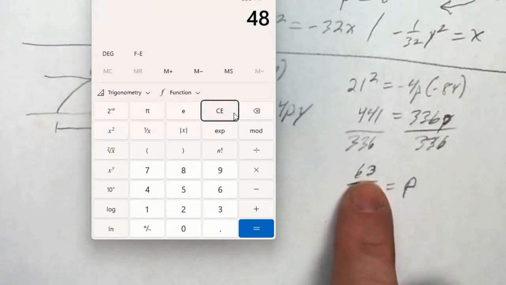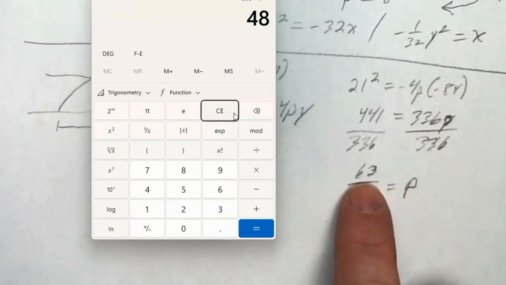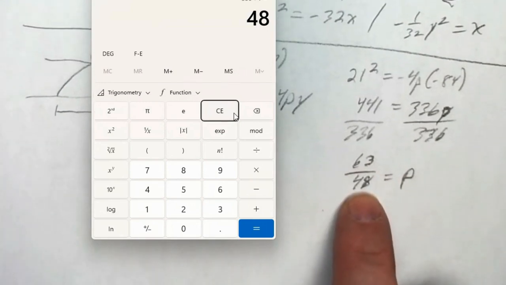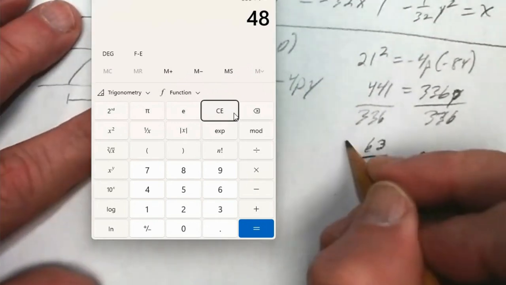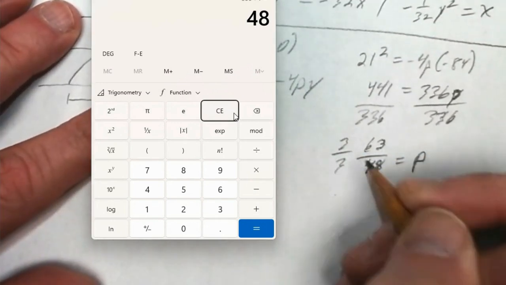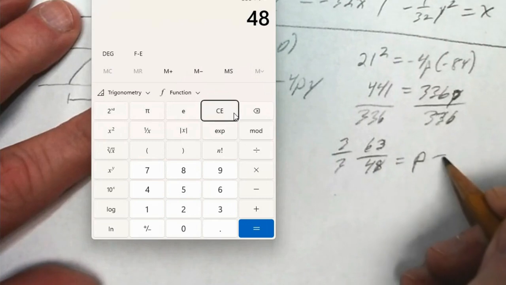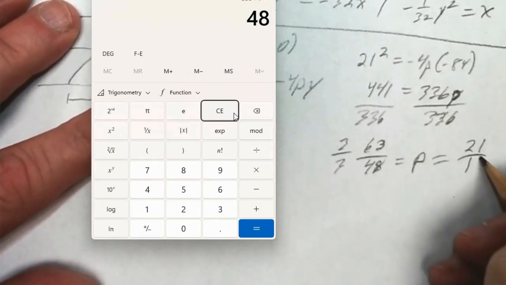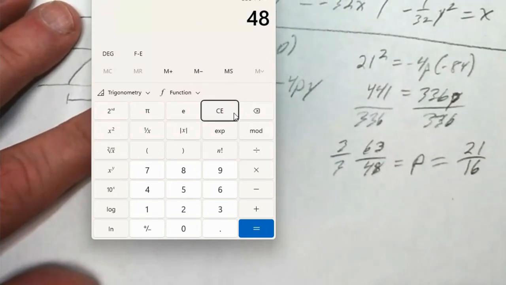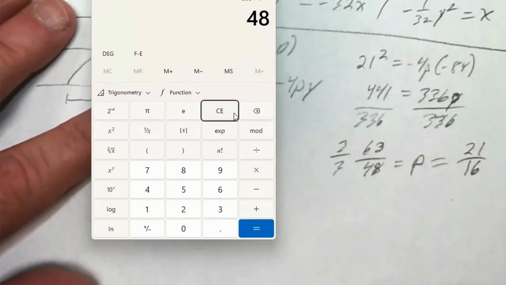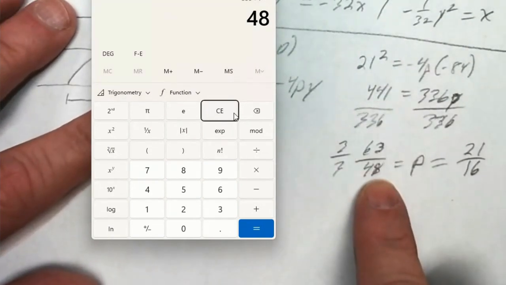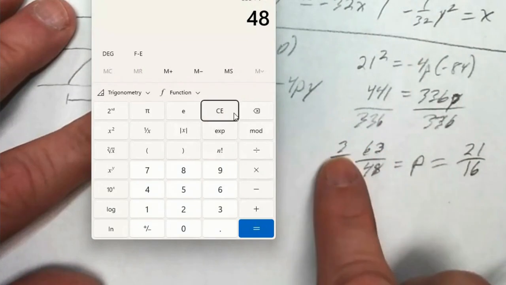This is 9 times 7, or 3 times 21. Oh, this is 3 times 16. So we can bring more out of this, right? If we divide the top and bottom by 3, this is 21 over 16. That should work. First we divided by 7, and then we found that we can divide by another 3.